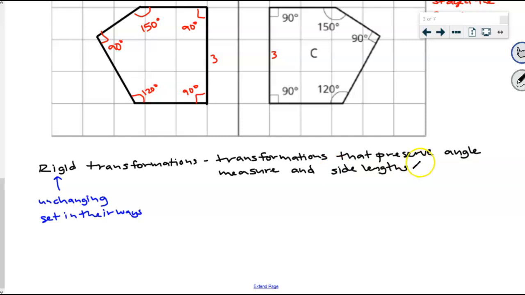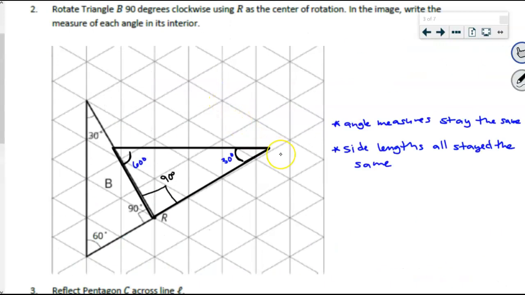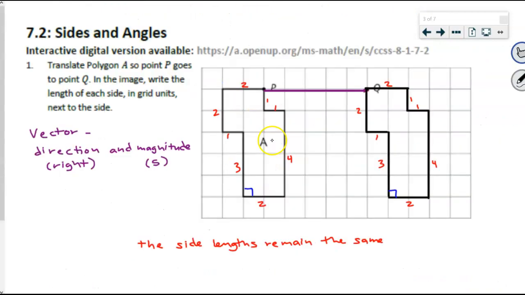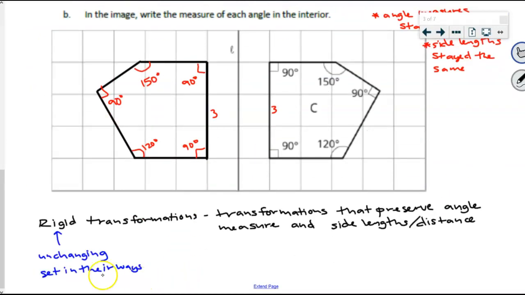I'm going to put even distance, side lengths / distance. So we saw that in each one of these. We saw that the side lengths and angle measures stay the same in a reflection, side lengths and angle measures stay the same in a rotation, and side lengths and angle measures stay the same in a translation. So each one of these are what we would call rigid transformations.